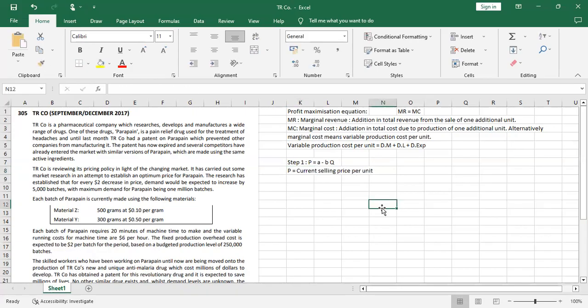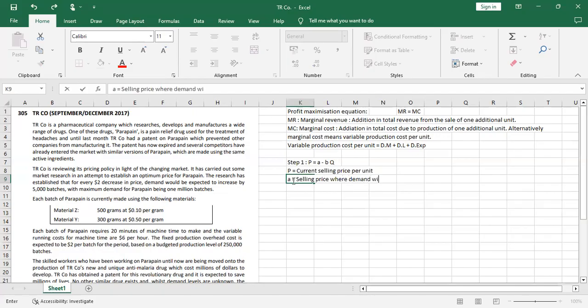In the given question, we will say what is the current selling price per unit. A stands for what? A is the selling price where demand will be 0.